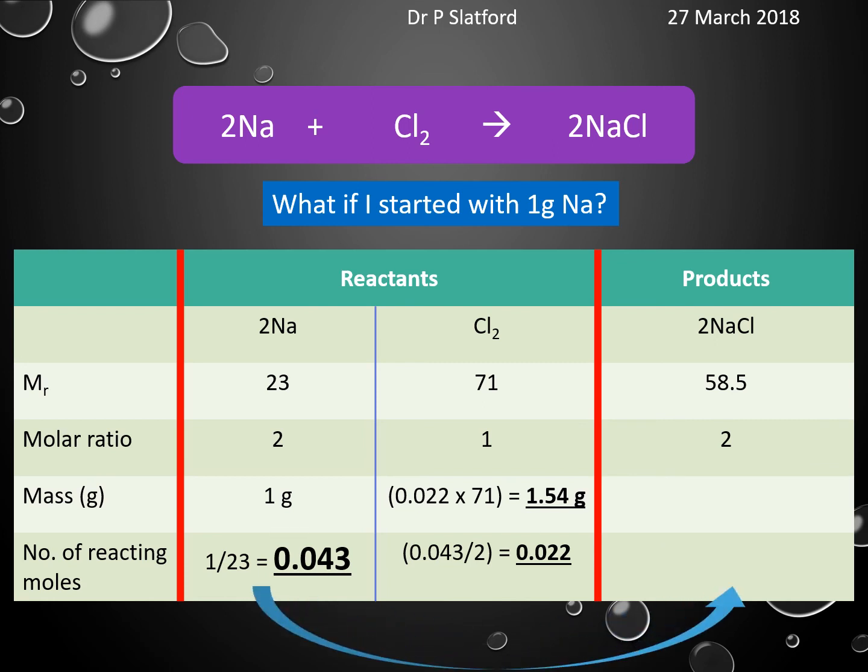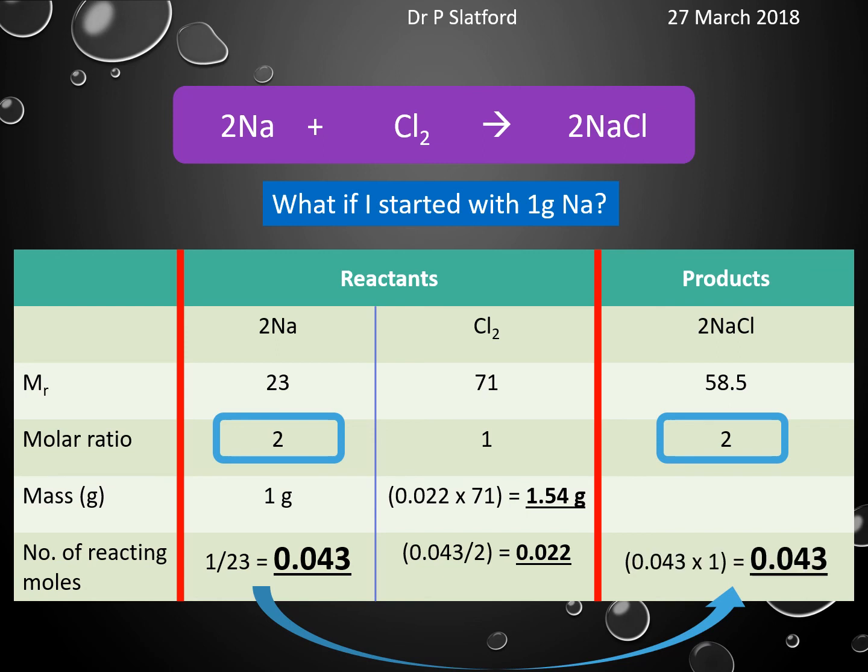And now I want to work out how much sodium chloride I'm actually going to make from this reaction. So if I've got 0.043 moles of sodium, because the molar ratio is 2 to 2, then actually I'm only going to make 0.043 moles of my sodium chloride.